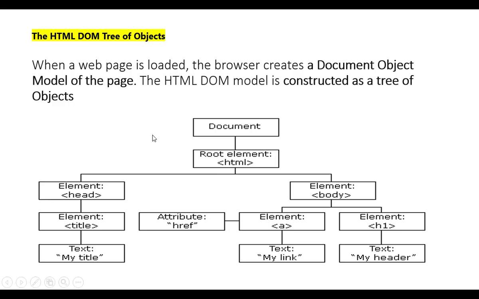And we need to understand what an HTML DOM, a tree of objects, is. When any web page is loaded, the browser creates a document object model of the page. So the HTML DOM model is constructed as a tree of objects. Your web page basically has a root element that is HTML and it has multiple child elements.